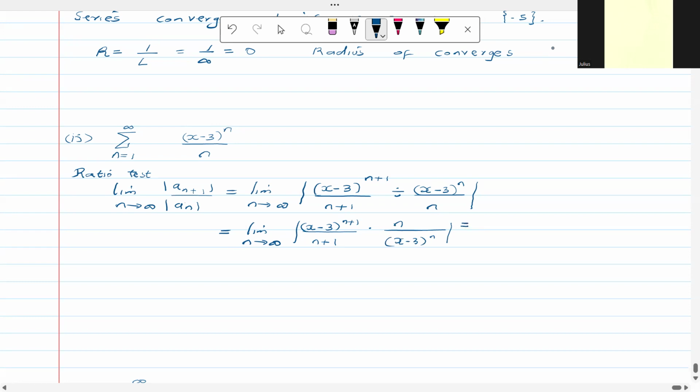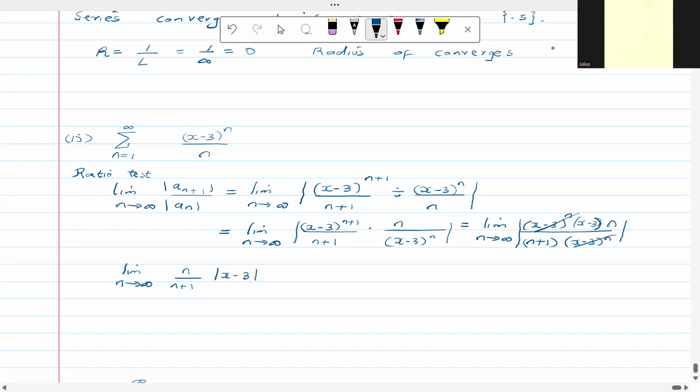Writing it in a simpler way, x minus 3 to the power n plus 1 can be split into one with power n and another with power 1. Don't forget the absolute value. The power n terms cancel, and you're left with the limit as n tends to infinity of n over n plus 1, times x minus 3.